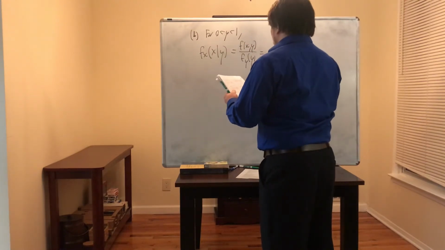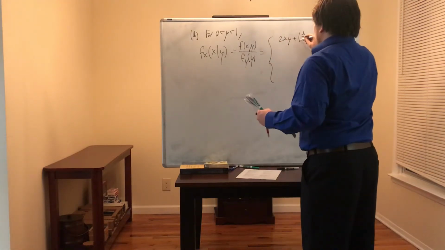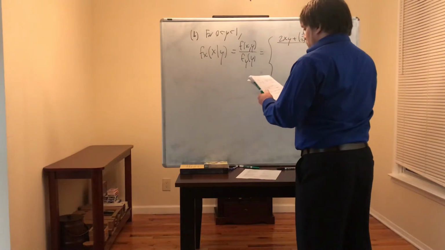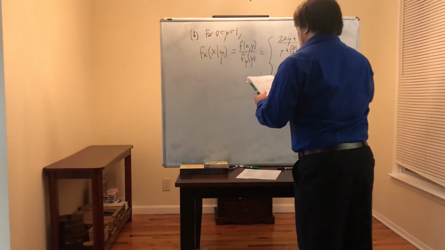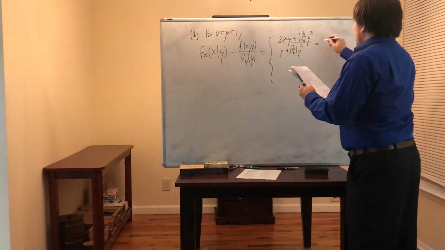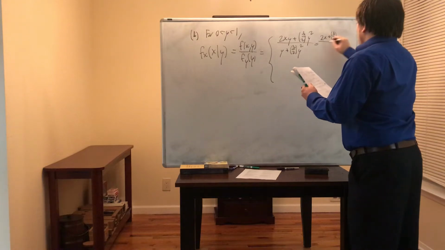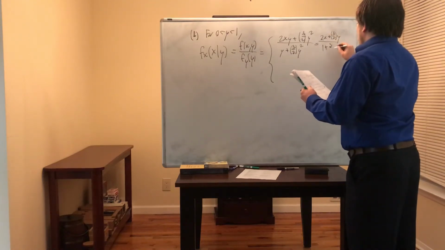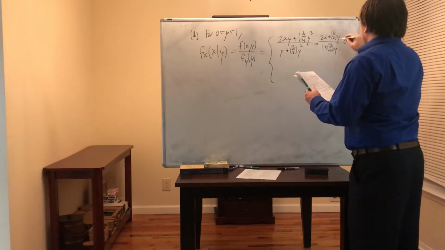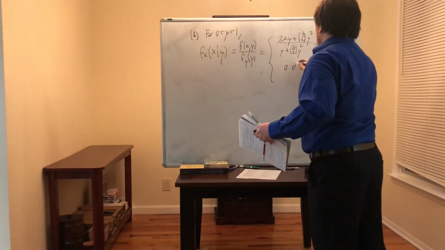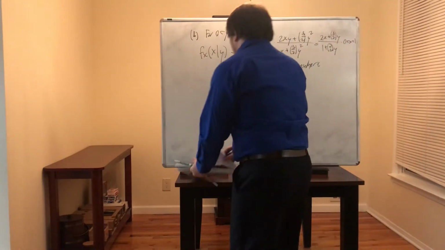And what that's equal to is 2xy plus 3/2 y squared over y plus 3/2 y squared, which is equal to 2x plus 3/2 y over 1 plus 3/2 y. And this is for 0 less than x less than 1, and that's 0 elsewhere.